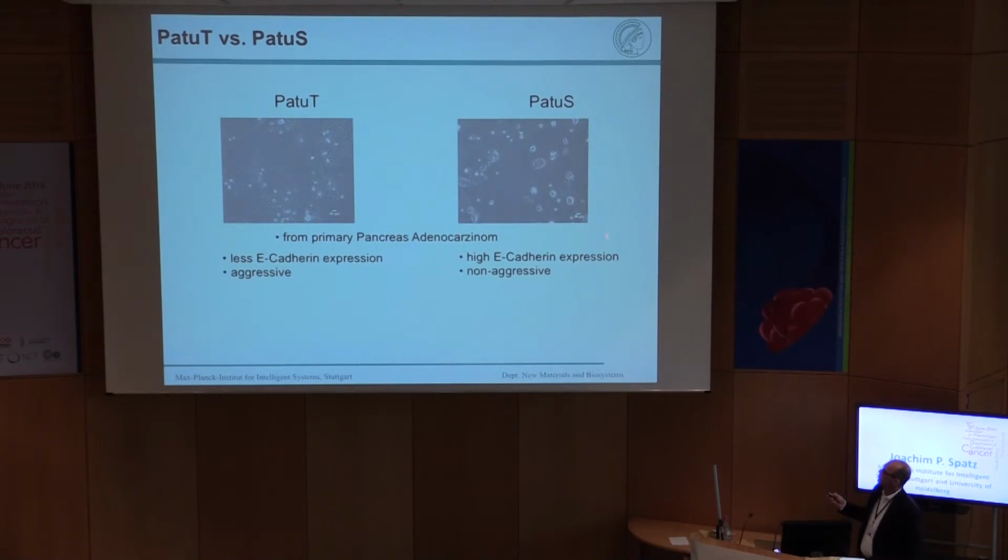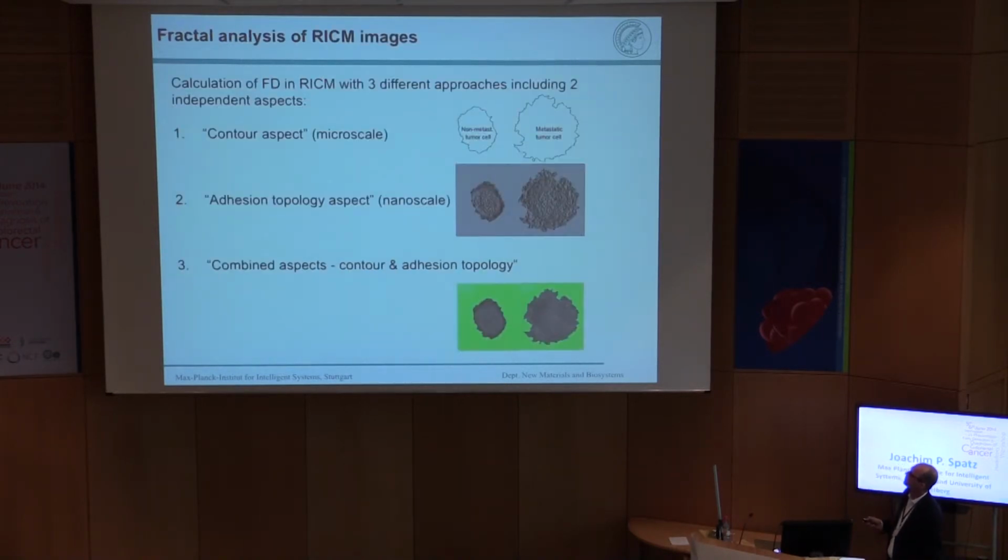And so we use, for the beginning, these model cell lines, which are different in their invasiveness. So Pat2T is more aggressive than Pat2S. And we wanted to see if we can quantify the difference in aggressiveness by measuring the fractal dimensions with this rather easy optical microscopy, the reflections interference contrast microscopy.